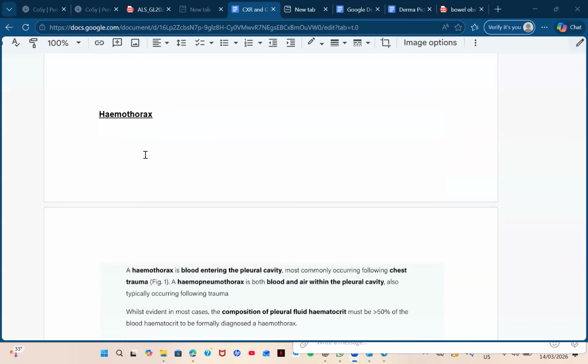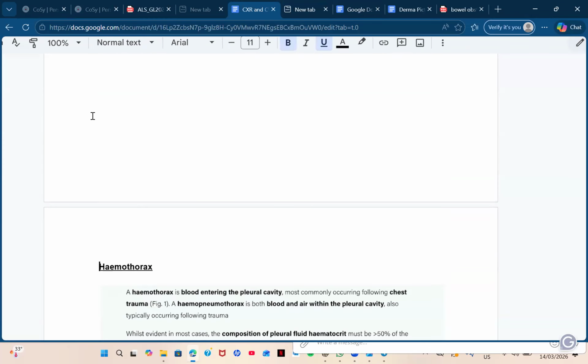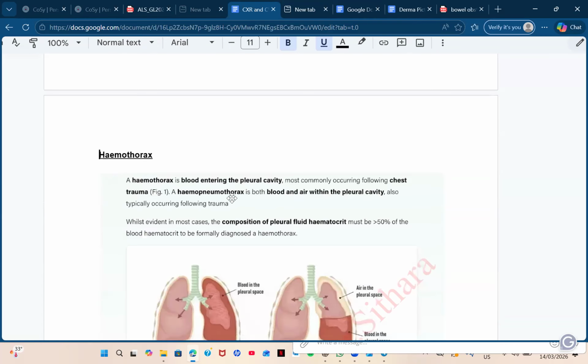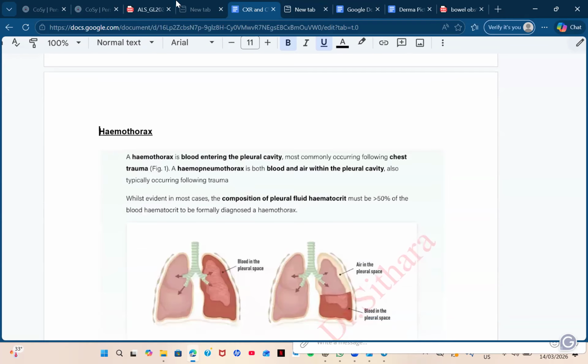Okay. Then let's discuss hemothorax. So how does hemothorax present, doctors? Tell me. Usually hemothorax presents with some injury, right? Some trauma, road vehicle accident, right? With flail chest, right?